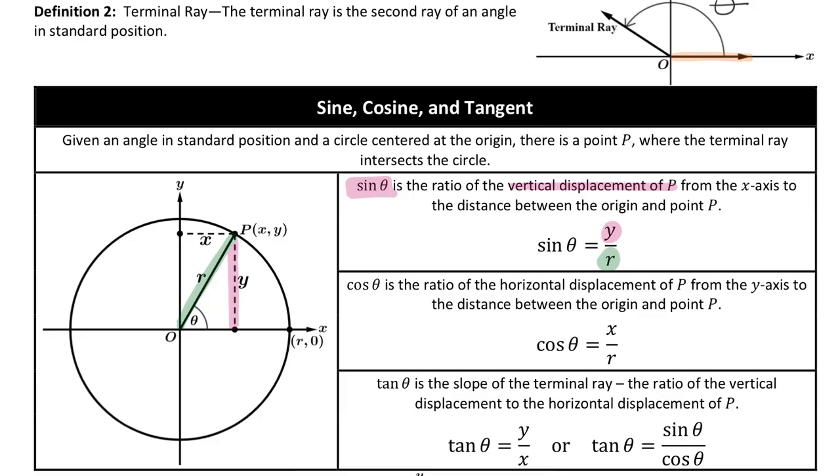Now the radius is the same everywhere, and the radius is a distance, so radius is always positive. Even if we're taking our radius in a left direction, radius is always positive.